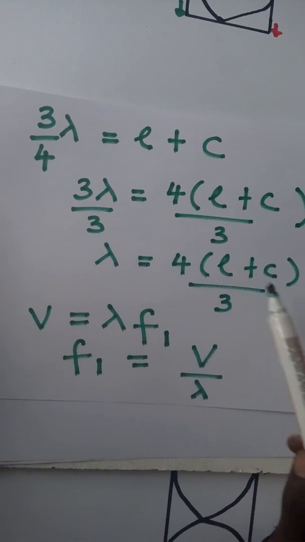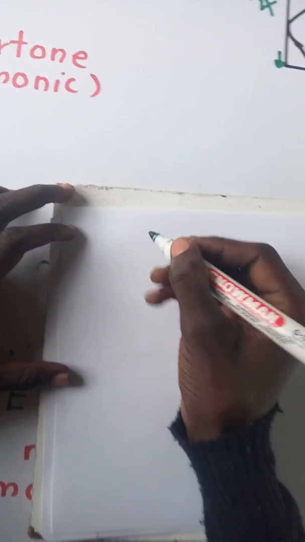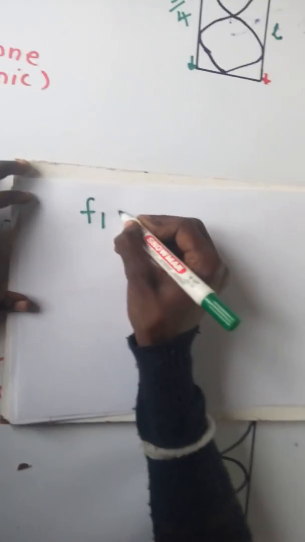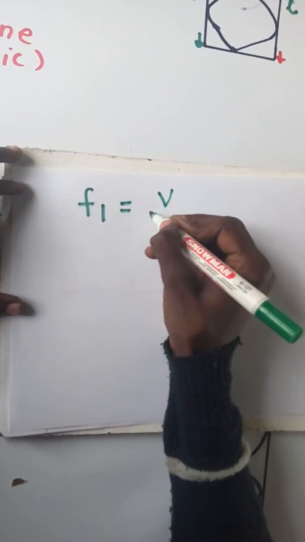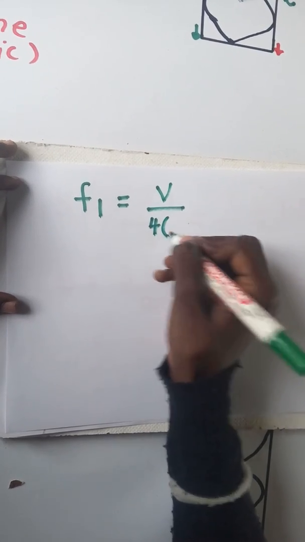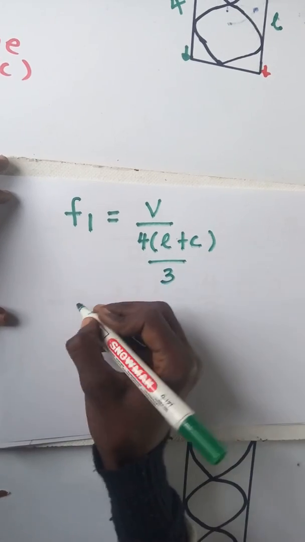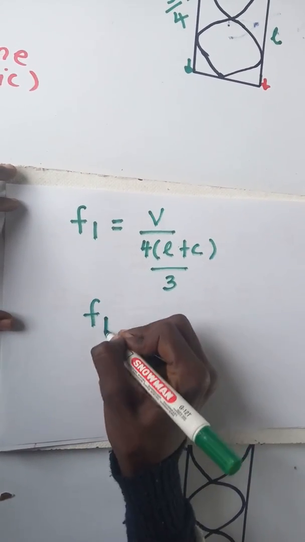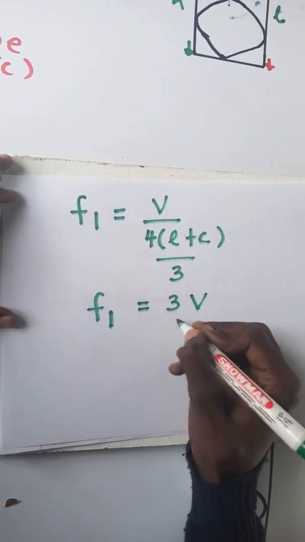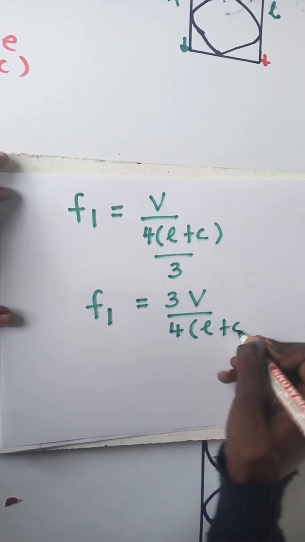So we substitute into this equation. Therefore, the frequency of the first overtone, which is equal to the second harmonic, is equal to velocity over 4 (L plus C) over 3. Therefore, frequency of the first overtone is equal to 3 times velocity over 4 (L plus C).